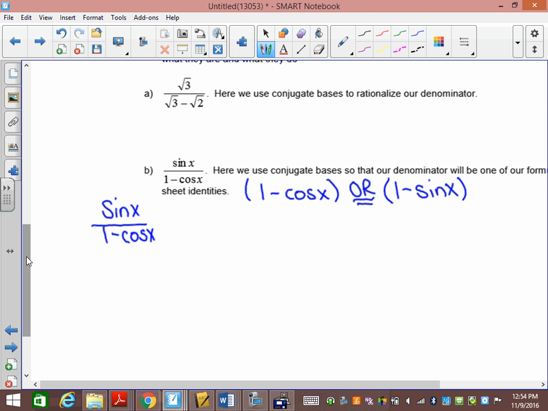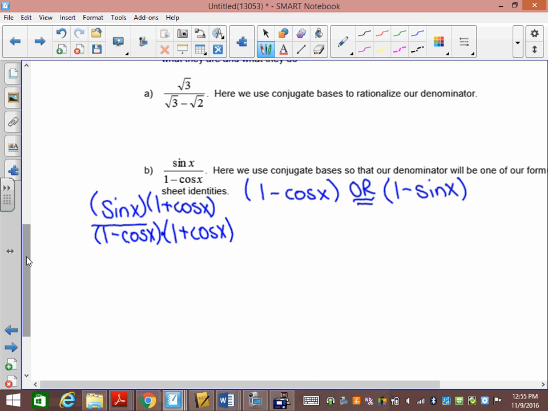So I have 1 minus cos. I can times it by its conjugate, so 1 plus cos x, the top and the bottom. When you multiply by a conjugate, please do not put together the two that are not conjugates. Always leave them in separate brackets. So the bottom we will FOIL, because they're conjugates of each other, but the top, do not put together.